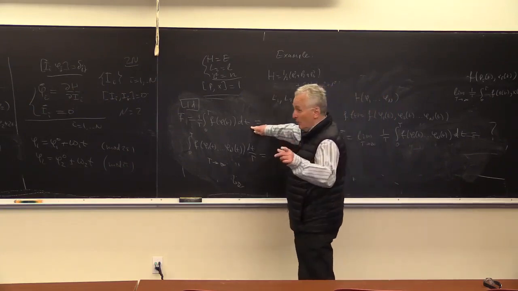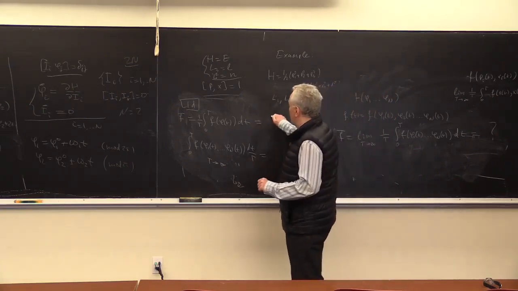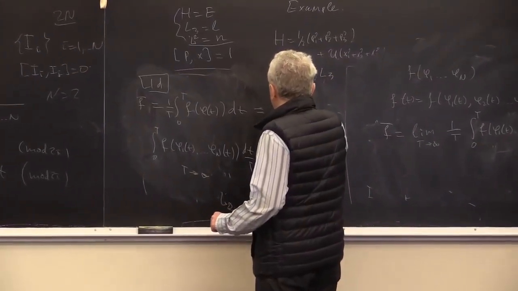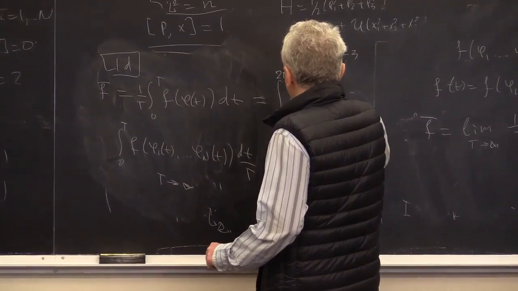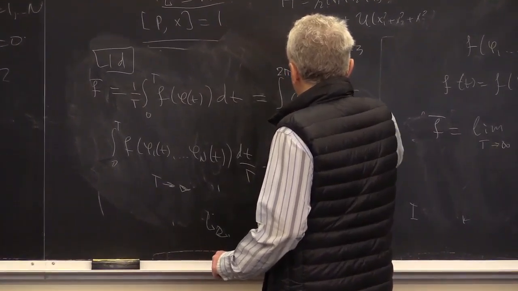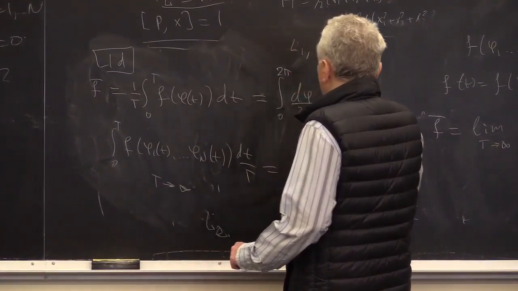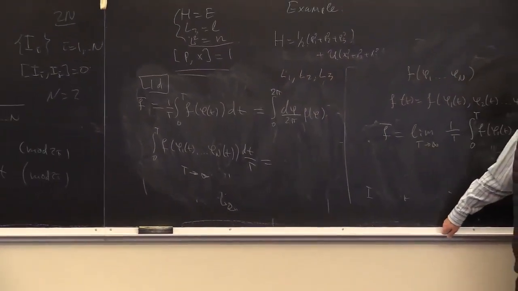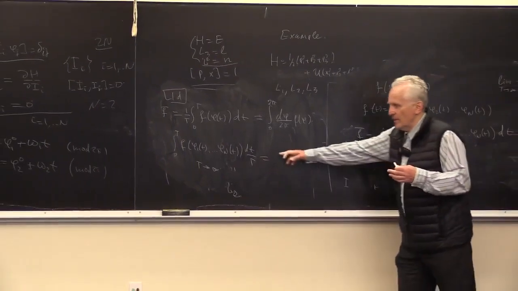Here you gave absolutely correct answer, namely, it's simply the integral d phi divided by 2 pi, f of phi. And now you have to give the multidimensional analog of it.